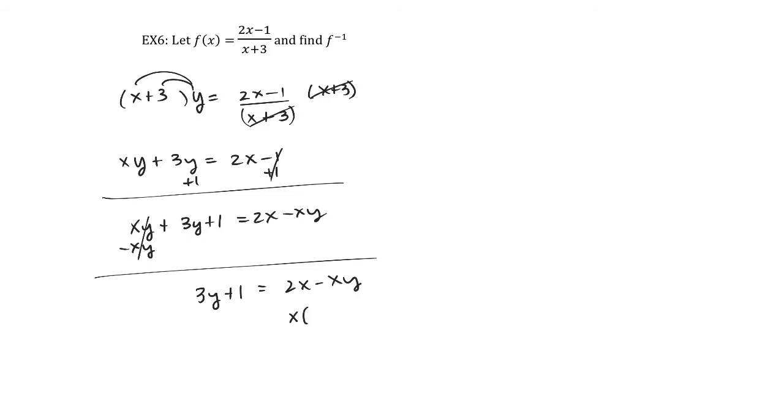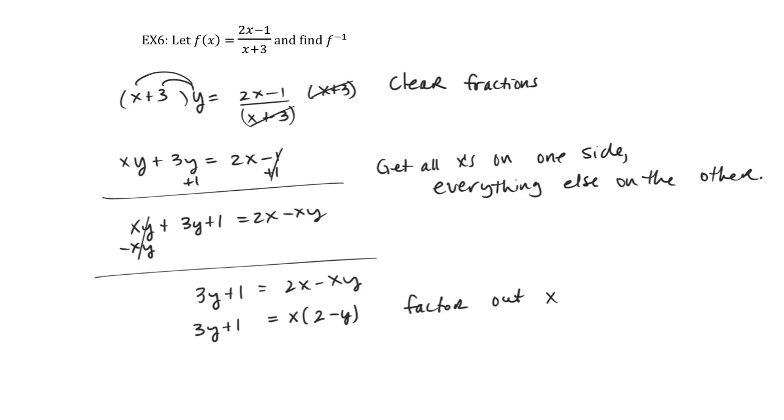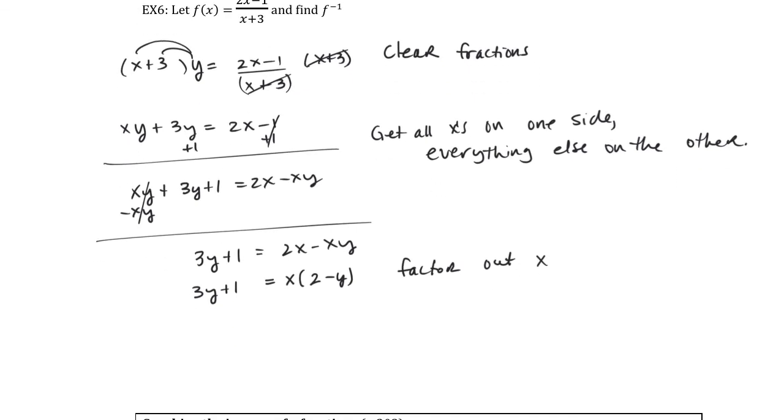Let's go ahead and factor out an x. So we've got 2 minus y. Okay, and then I'm just going to divide both sides by 2 minus y because I'm trying to just get x alone. So this gives me that x is equal to 3y plus 1 all over 2 minus y.